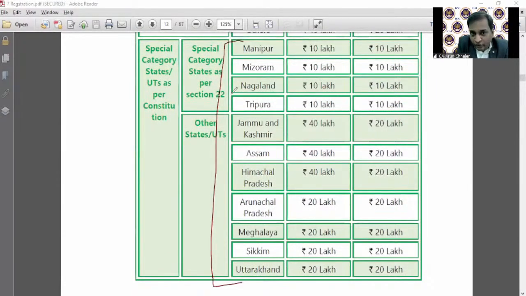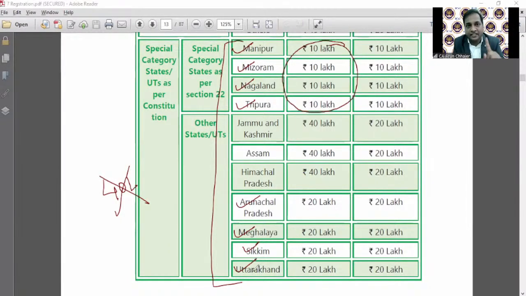Out of which this notification says Manipur, Mizoram, Nagaland, Tripura, and Arunachal Pradesh, Meghalaya, Sikkim, Uttarakhand. The extended limit of 40 lakh would not be applicable. What does it mean? The normal limit. What is the normal limit? For these 4 special category states, 10 lakh, and for these, 20 lakhs.